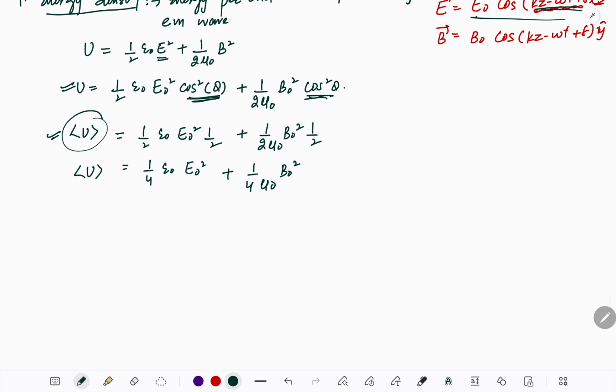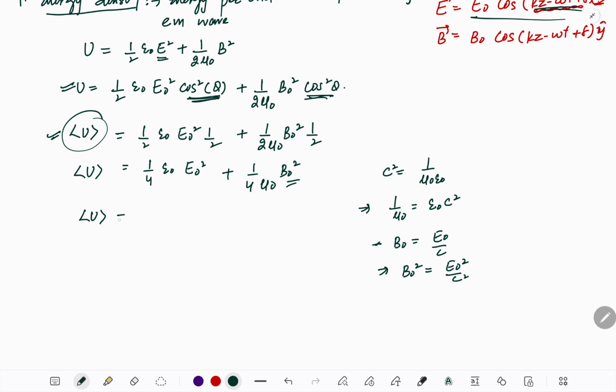This is the average energy density, but since we know c square is 1 by mu 0 epsilon 0, which implies 1 by mu 0 is epsilon 0 c square. We also know that B naught is E naught by c, which implies B naught square is E naught square by c square. So let me put all these things here.